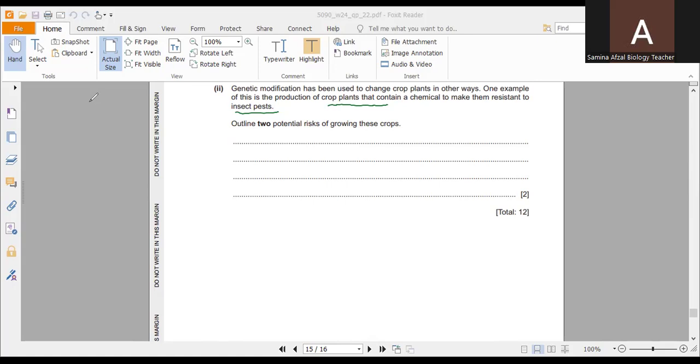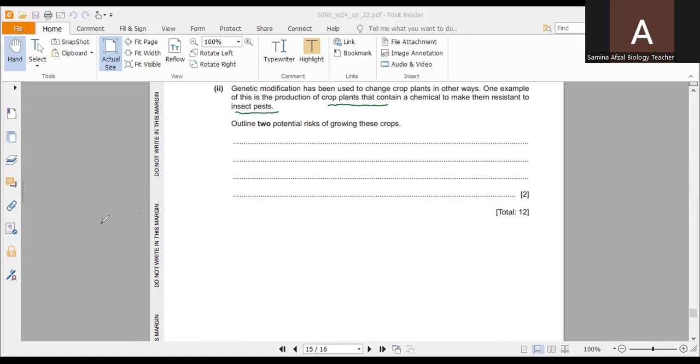So in this way, if we introduce chemicals into specific plants to make them resistant to insect pests, there is a risk that non-target insects, including beneficial insects like pollinators or predators of other pests, could also be negatively affected.